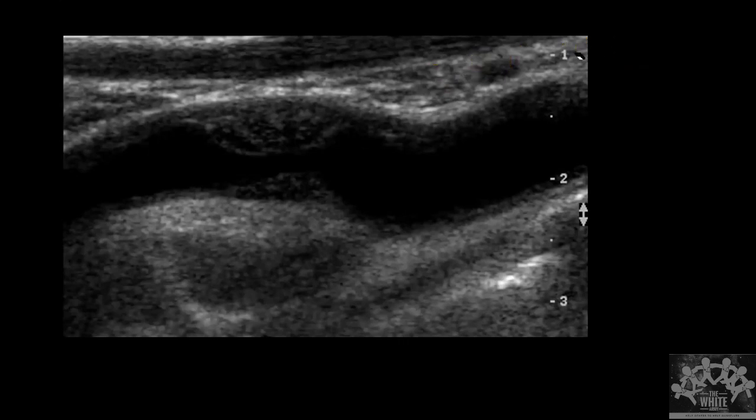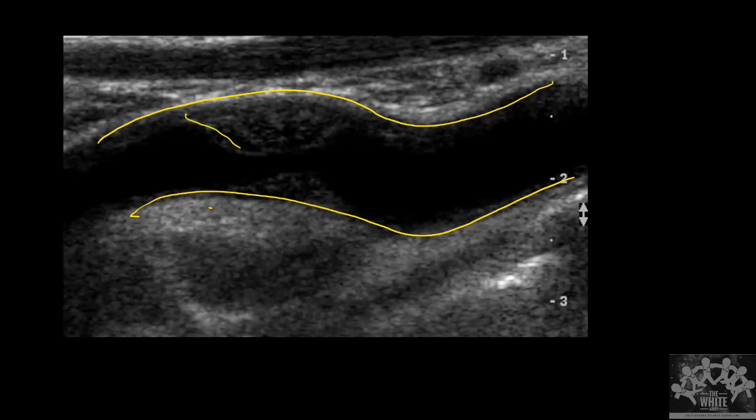It's a B mode. Good. Now, what is this structure you are seeing? It's a blood vessel. And inside that, we are seeing this structure. That is nothing but the plaque.